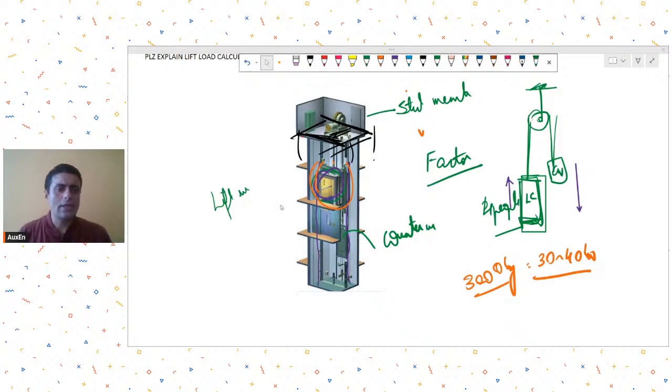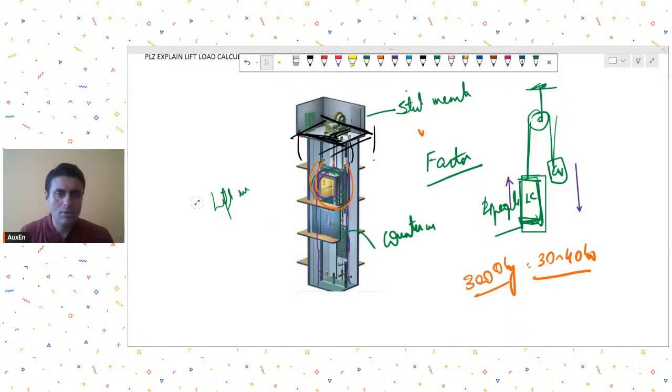Nowadays, you also have lifts which are machine room less. That means there is no separate machine room. The lifting mechanism is accommodated within the hoist system itself.